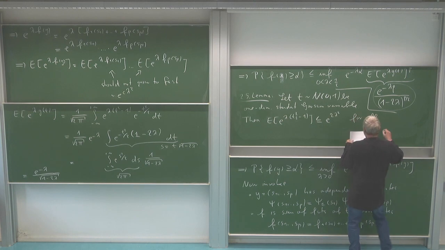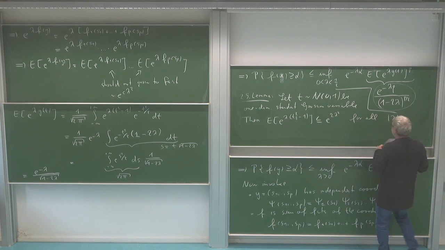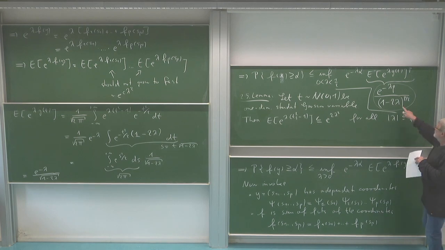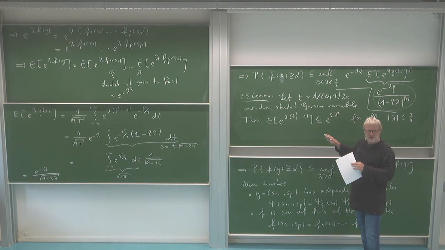And this is at least true for all lambda, not in the whole interval where this makes sense, but in the interval where lambda is less than 1 over 4. I mean, if here lambda goes to 1/2, of course this here will explode. This goes to infinity. So I should stay away from this. Okay, so I'm claiming this. And then this here will be something which I can manage later if I combine it with this one here.